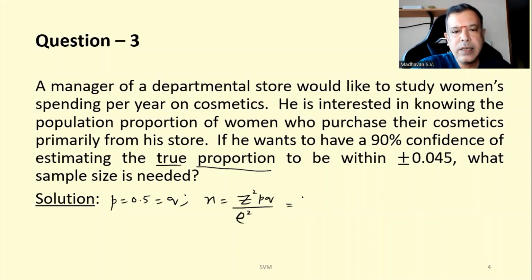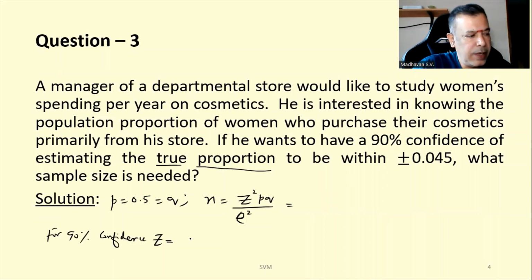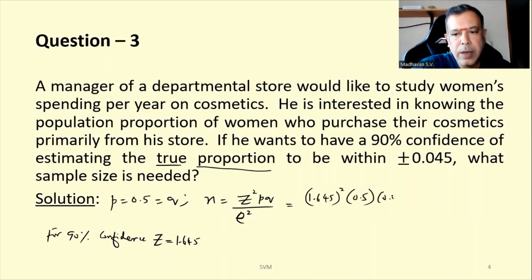And here Z for a 90% confidence will be 1.645. So you have here 1.645 the square multiplied by 0.5, again multiplied by 0.5, divided by E square.